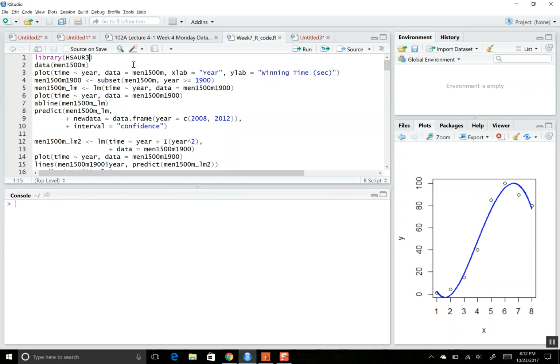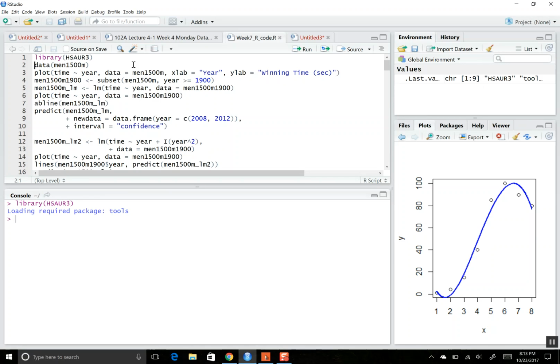I'm going to start off with this first data set, which is the time of the 1500 men's track and field event at different Olympics.